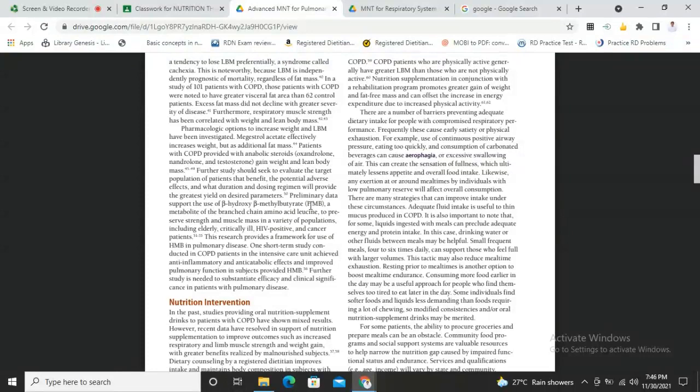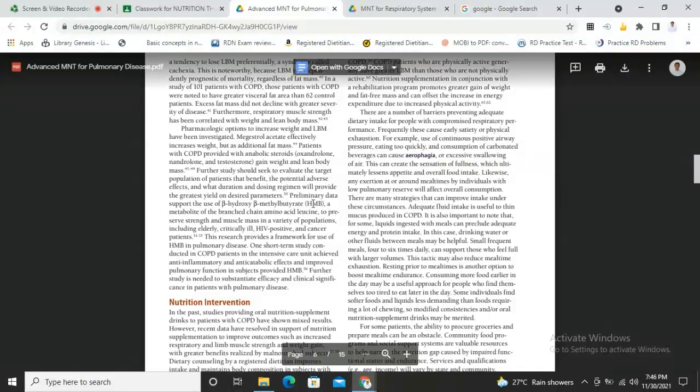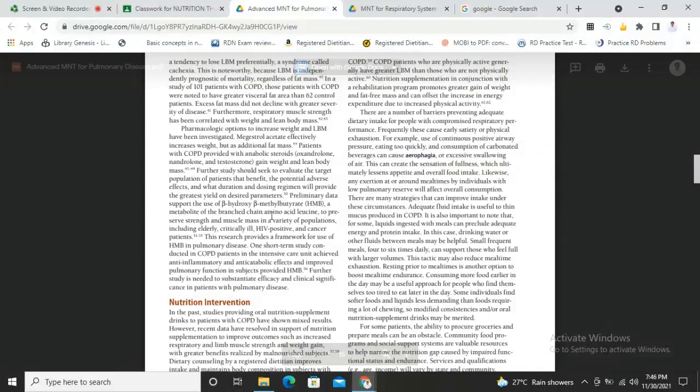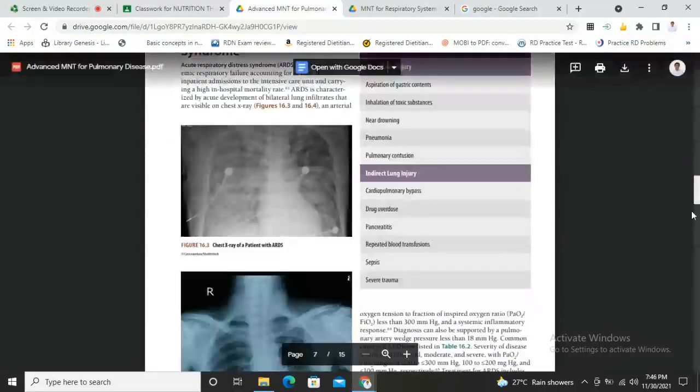Is it helpful or not in preserving lean body mass? So read this.